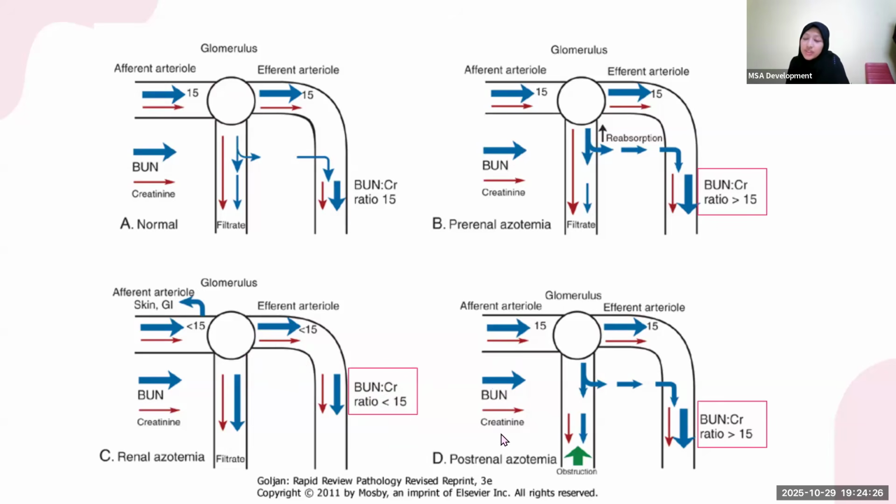The third thing is post-renal azotemia. Post-renal means after the kidney. So think about the ureter, bladder, there can be obstruction, a mass in the bladder, there can be reflux from the bladder, a lot of things. So any sort of obstruction after the kidney will force the urine to go upwards, right?